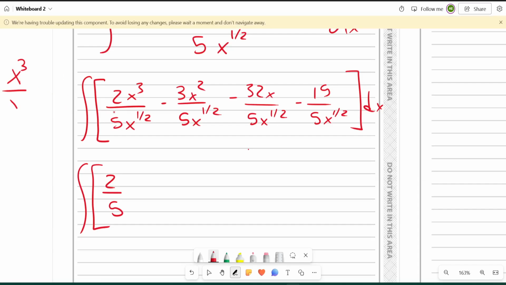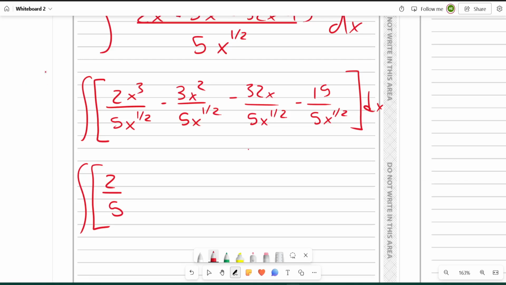Over here, we're going to do the same and subtract the powers. So x cubed over x power half is x power 3 minus 1 over 2. So 3 minus 1 over 2 is 2.5, or basically 5 over 2. Right? So 3 minus 0.5 is 5 over 2.